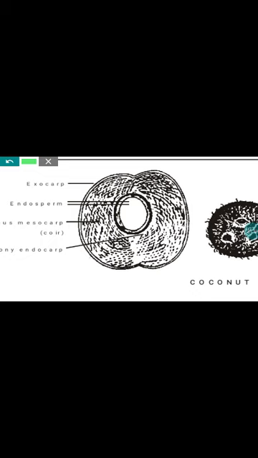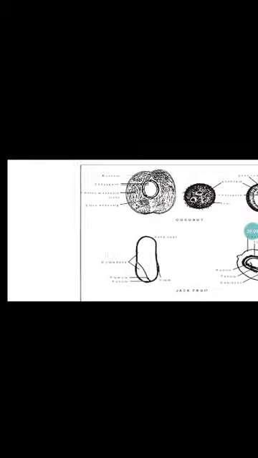The fruit has an exocarp, then mesocarp, and the endocarp is the shell. On the inner side only you see that liquid endosperm. This is the structure of the coconut seed.